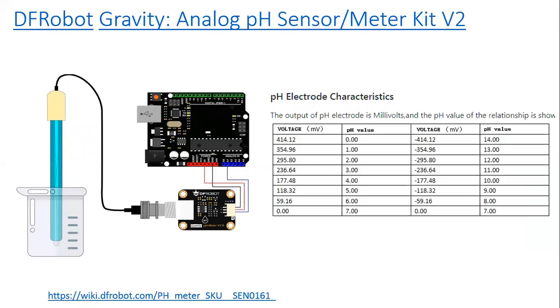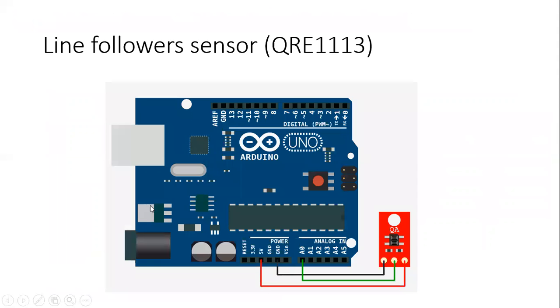Now we can see another sensor. This is a pH sensor. This is already given in the spec, which is this pH sensor driver. It will give us a voltage reading at a specific pH value. This is another line follower sensor, the QRE1113. The output is also analog data, an output voltage.